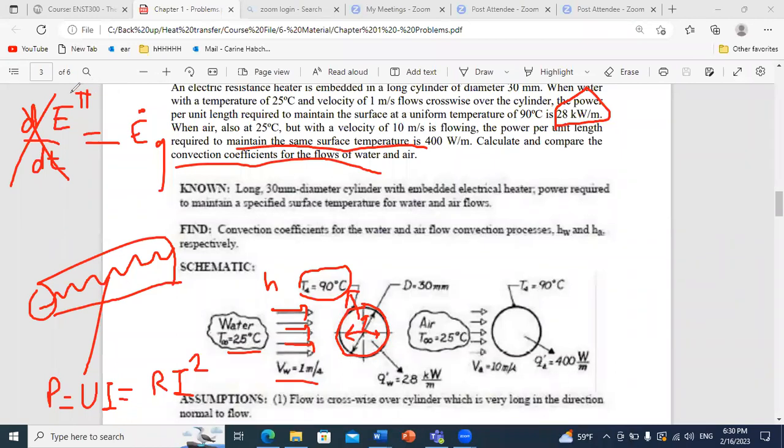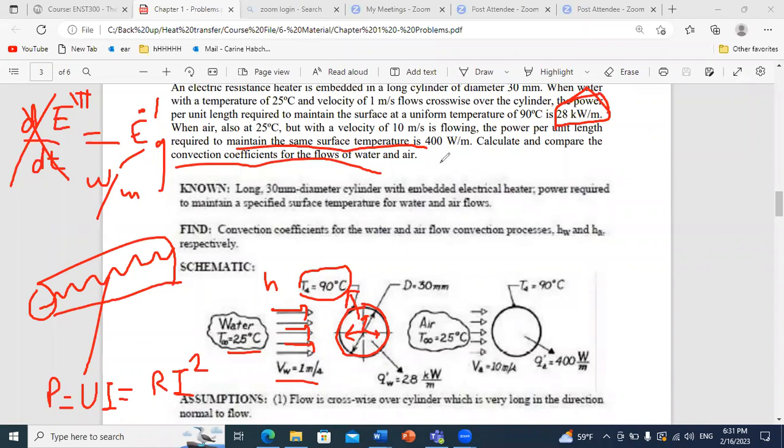So dE prime by dt is equal to E dot generation prime. This means that the unit is just watt per meter. E dot generation is the power generated per unit length of the electrical resistance, and it's given. They told us that in the case of water, we need to supply 28 kilowatt per meter.